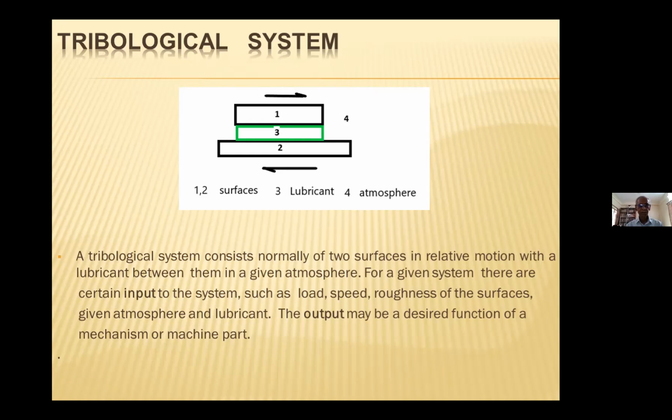So the atmosphere makes a big difference in the tribological system. If we slide two surfaces in an argon atmosphere or neon atmosphere, we see that there will be no oxidation, and hence those problems will be eliminated. So what I'm trying to say here is that although lubricant is important, atmosphere is also very important.